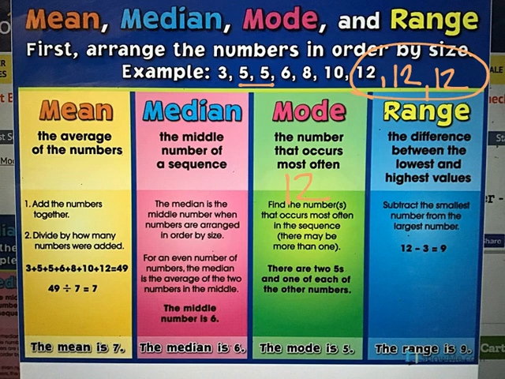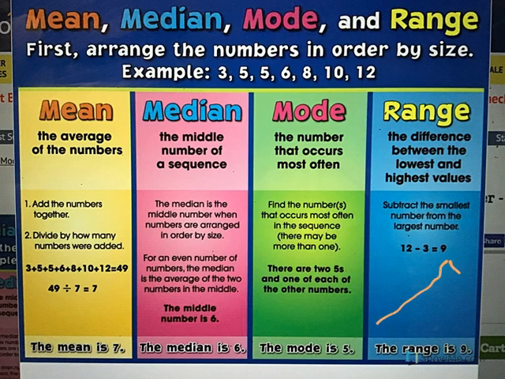Okay. Now, the last thing we're going to go over is range. When I think of range, I think of mountain range. I think I'm going from the bottom point to the toppest point, if I were to hike. So why am I bringing this up? Because on range, we take the lowest number and go to the highest number.